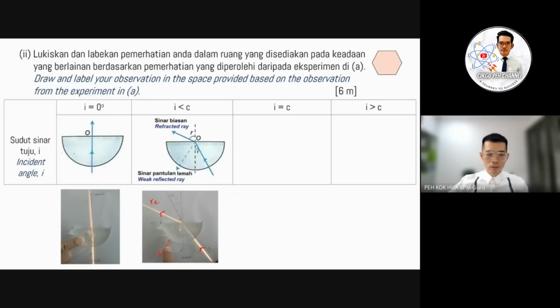So here is a sharp refracted ray, and here will be a weak reflected ray. The important part here is that the incident angle must be smaller than the refracted angle here. As I explained just now in the simulation, this is due to the speed of light increasing when the light travels from a denser medium to a less dense medium.